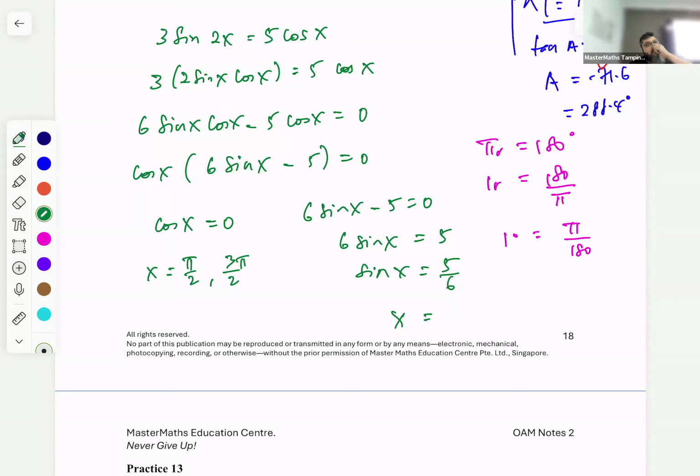Give me the answer first. Whatever answer you get, 56 or something, times by pi, or just divide by 180. 0.314 pi. All right, another one more, because sine is positive in the first and the second quadrant.